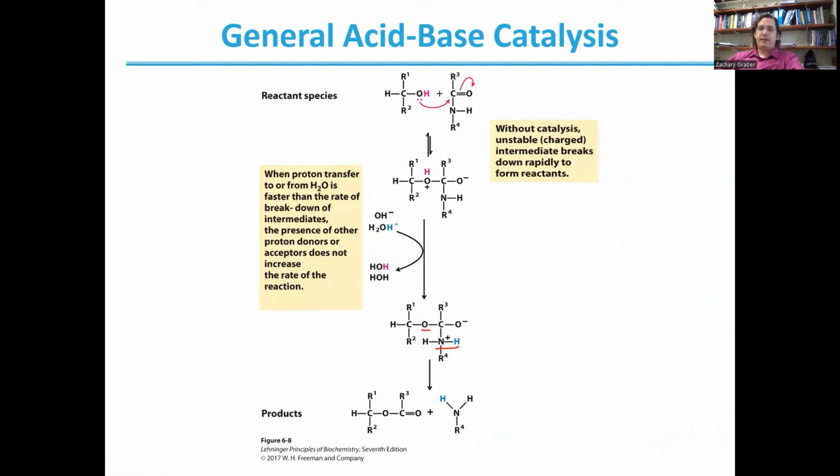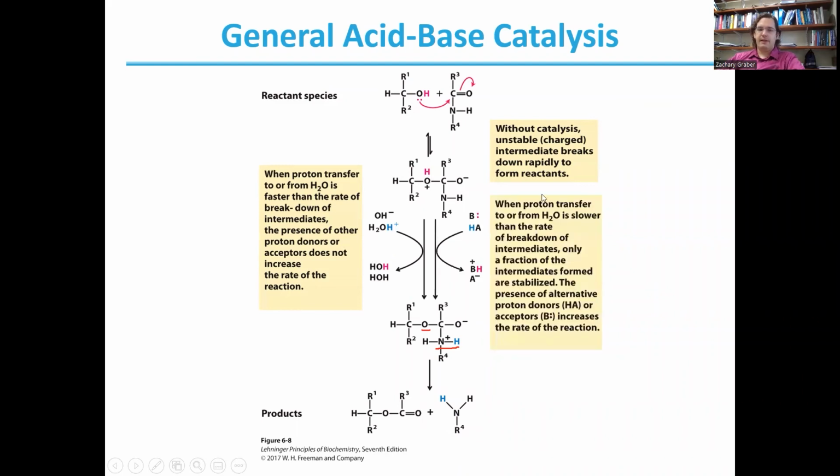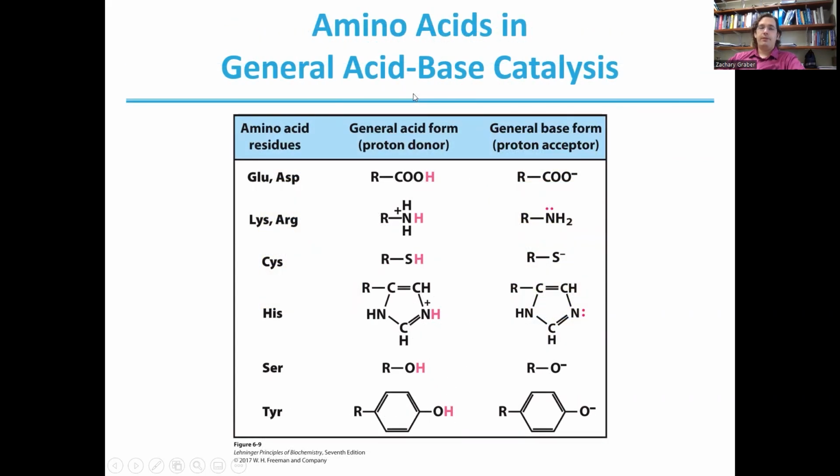Of course, this process can occur normally just with our intermediate reacting with water or with a base or acid catalyst. But within our enzyme, we're going to use specific proton donors or acceptors, usually our acidic or basic amino acids, to help push this process along and control it so we get our specific products formed.